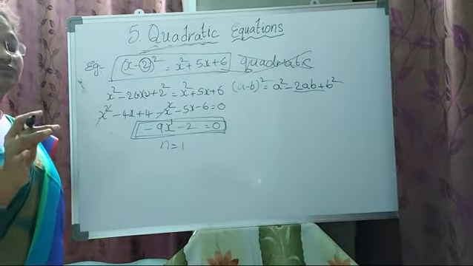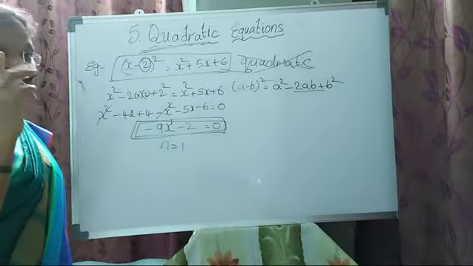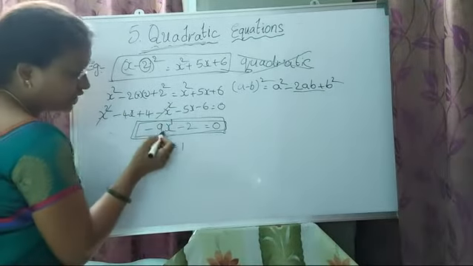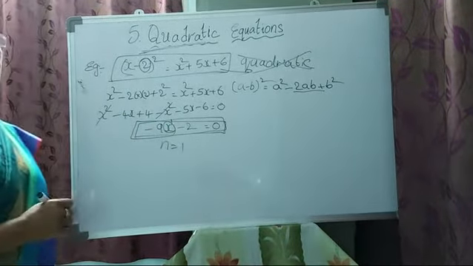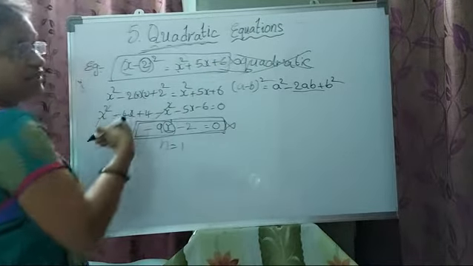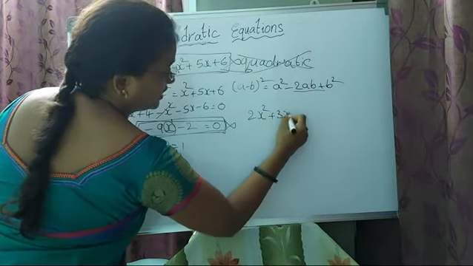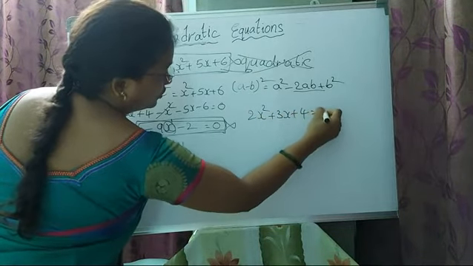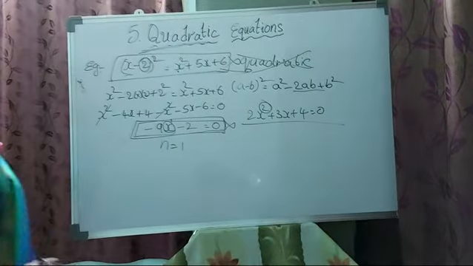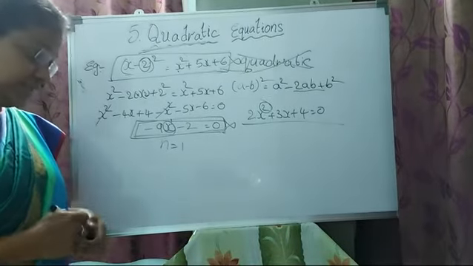If the degree is 1, we call it a linear equation. If the degree is 2, then only it is a quadratic equation in one variable. This is not a quadratic equation. Which is a quadratic equation? 2x square plus 3x plus 4 is equal to 0. Here the degree is 2, so it is a quadratic equation. In this way we have to conclude.